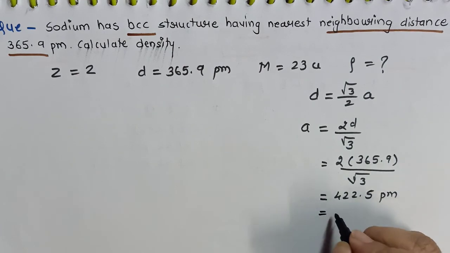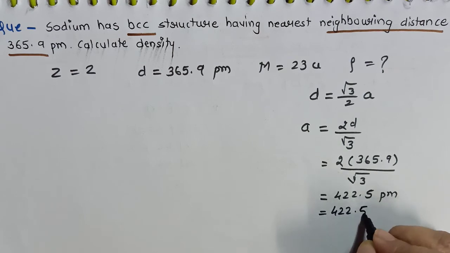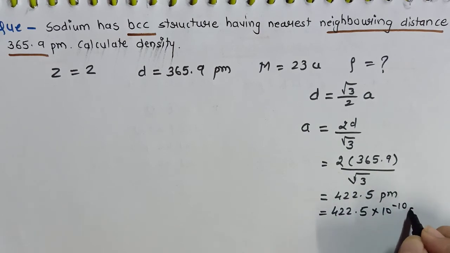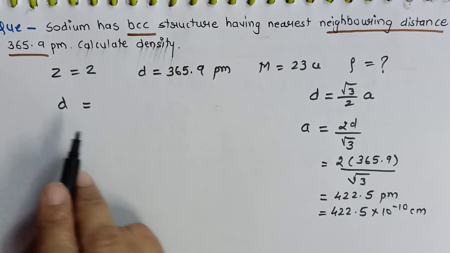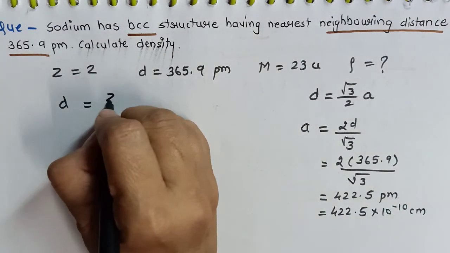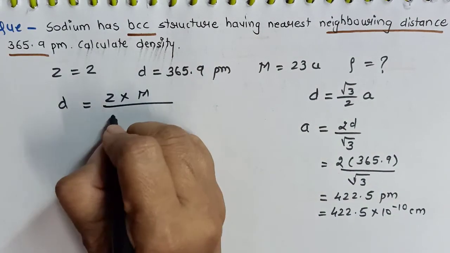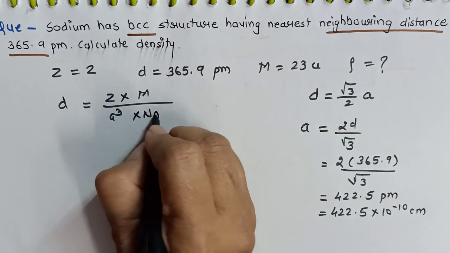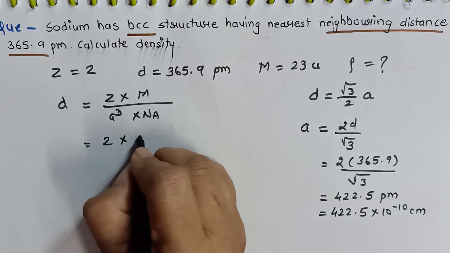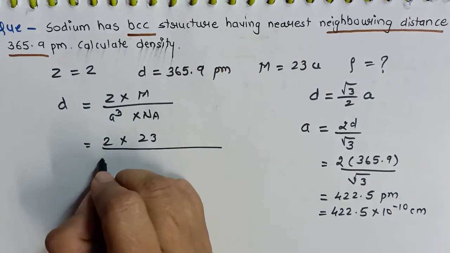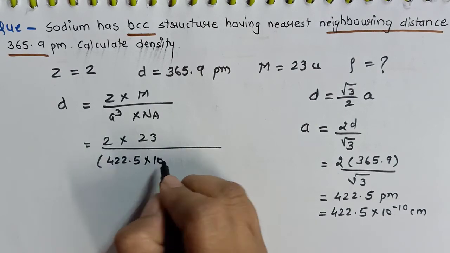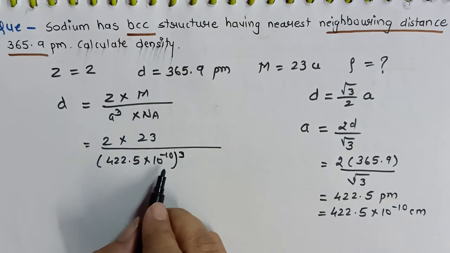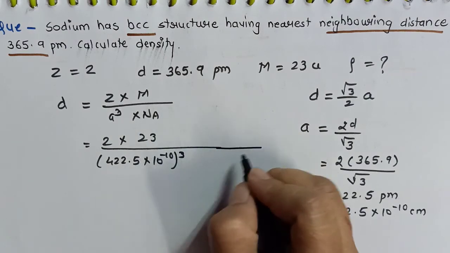We converted it into centimeter: 422.5 into 10 to power minus 10 centimeter. We'll substitute in the formula. Density, we can write d also, we can write rho also, equals Z into M upon a cube into Avogadro number. Now the things become very easy. You have to be very careful in these numericals related to calculations, because calculating the cube of this may go a little bit lengthy.